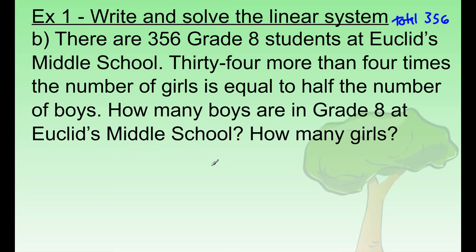All right, let's see here. So 34 more than 4 times the number of girls. So 34 more than the girls times 4, okay, is equal to half the boys.